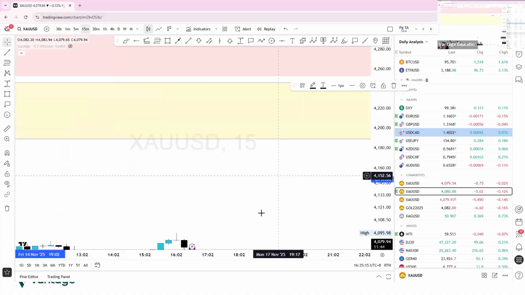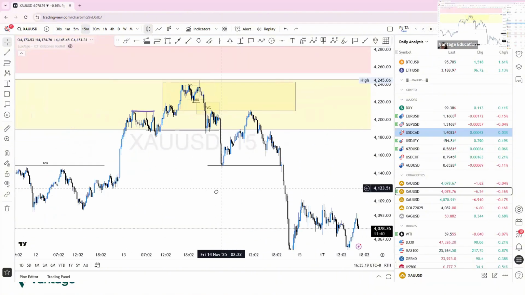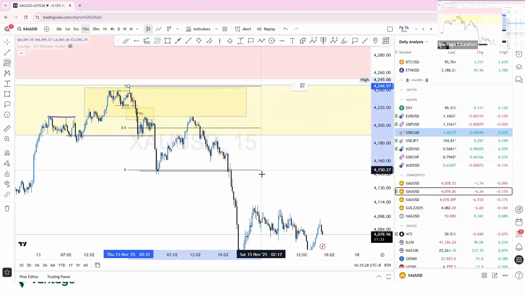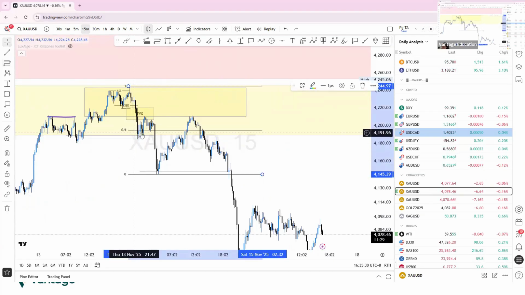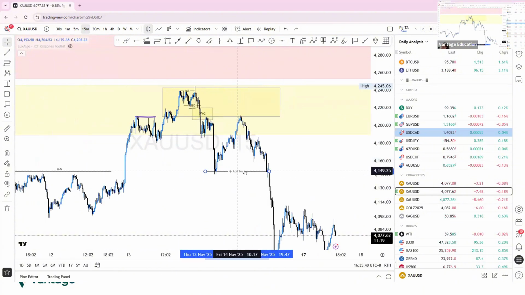Now we can go to the M15 and have a closer look, right? You'll see that from this high to this low, price went up here again, and then we could use the Fibonacci, and price went all the way up more than 50%. So this is going to be the sell zone for the OB, right? And then price is falling and also closes below this level and creates another break of structure.